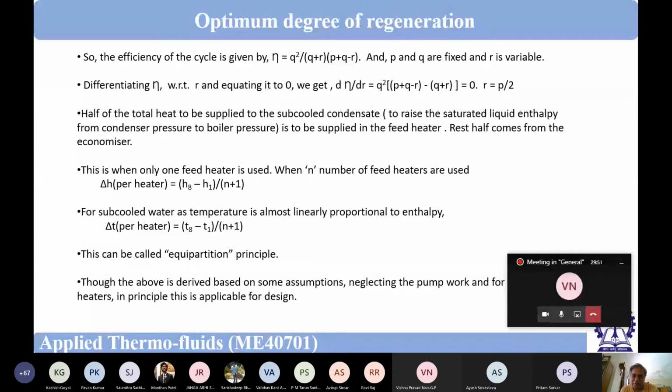Let's say we have two compressors. Both compressors take some amount of work. W1 is for the first compressor, W2 is for the second compressor. Now, if we make W1 equal to W2, that means the total work which we are going to spend, we are going to equipartition between these two compressors. Then our work requirement is minimum.